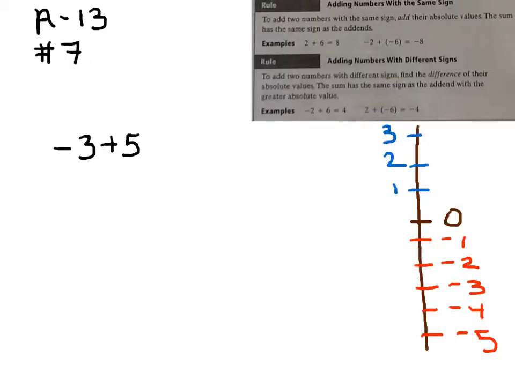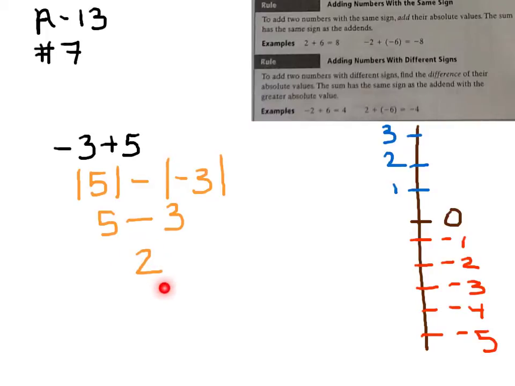So I'm going to take the absolute value of 5 minus the absolute value of negative 3. So that gives me 5, and then I have minus, and the absolute value of negative 3 is 3. So I get an answer of 2. Now the question left to ask is, is this going to be positive or negative?